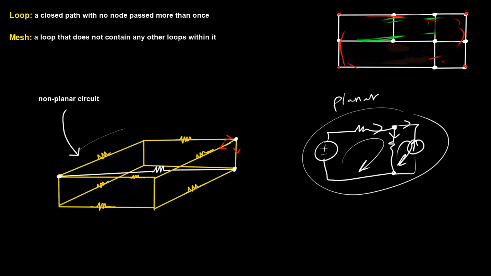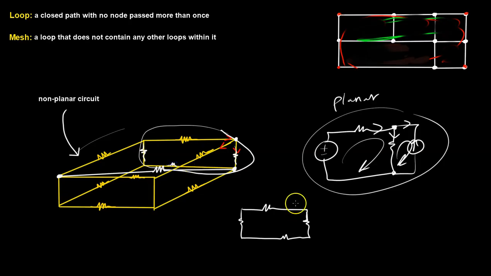If you imagine only this section and try to make it planar, let's say there's another resistor here, some resistor here, I forgot to add another one here, another one down here. It's kind of hard to see.